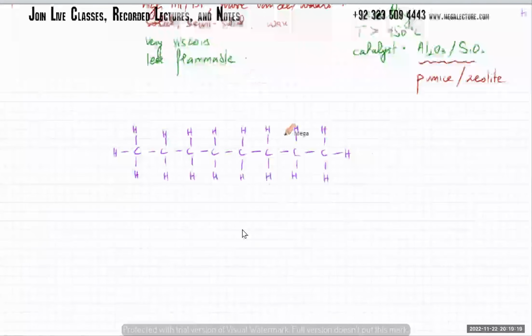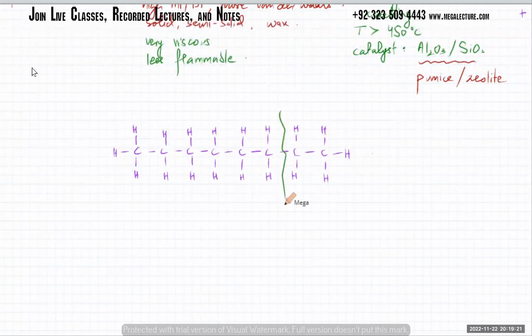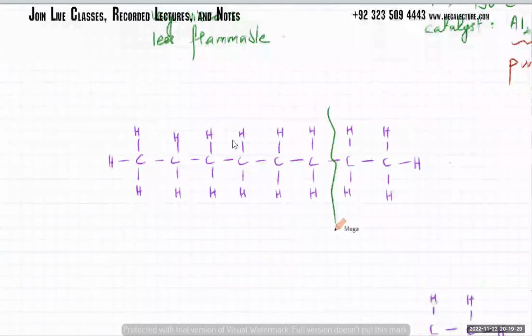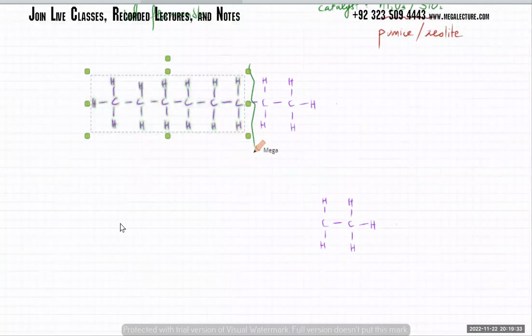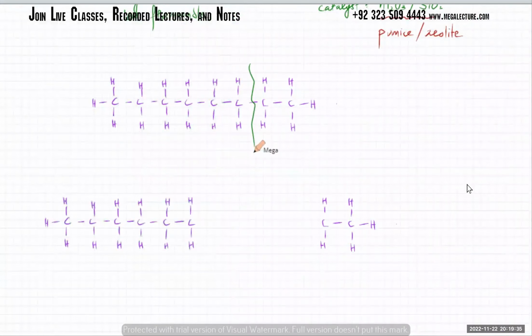Okay, so it might break over here, and that will result in the formation of two smaller molecules. It's always going to be a smaller molecule. One is this, and one of them is this one. Now to complete the bonds, a double bond is going to be produced here and a double bond produced over here.